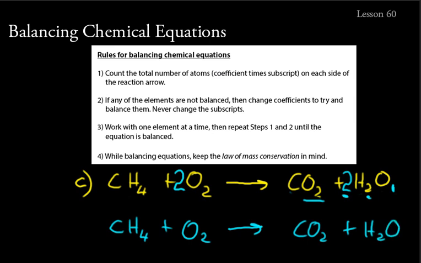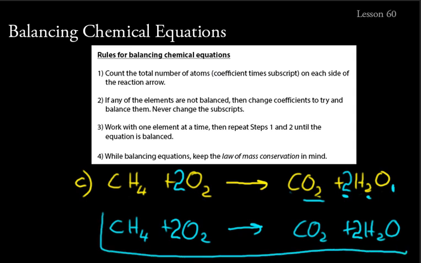So they know that part, but then they're like, okay, now how do I balance that? Is that balanced right now? And what's the exact amount of each type of molecule that combines? What proportions do they combine in? And so then they have to go in and balance it. And so that's what we're doing here, putting the 2 there, putting the 2 there. And now we have a balanced equation.